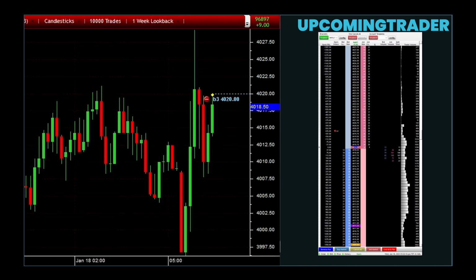Now let us look at how price action and volume can help you spot reversals. Reversals are when the trend changes direction. Have you ever seen a pattern called a double top or a double bottom? These are classic reversal signals.